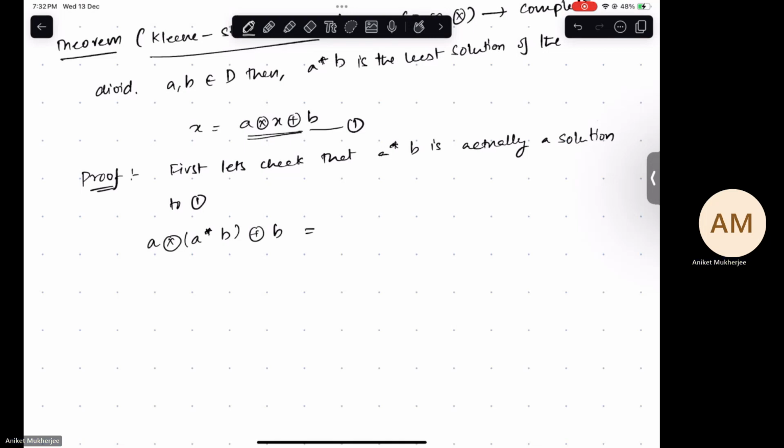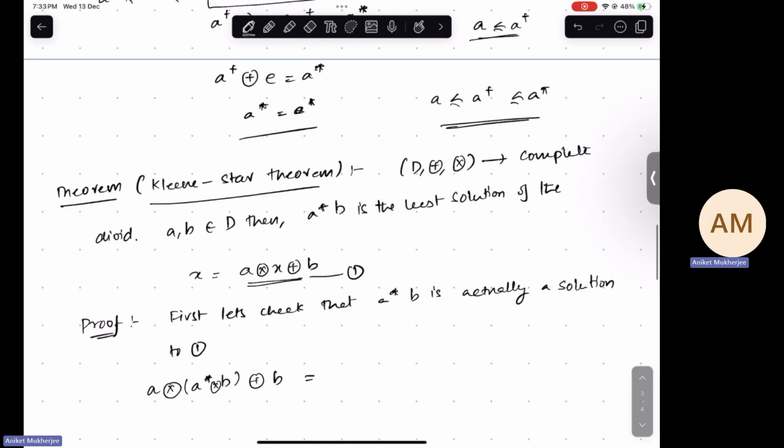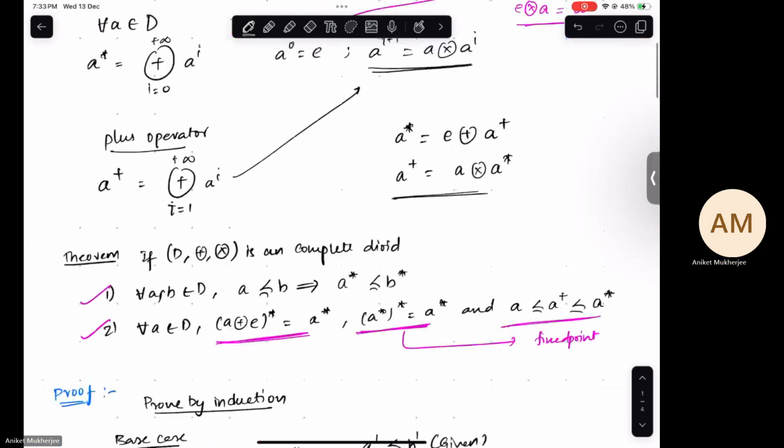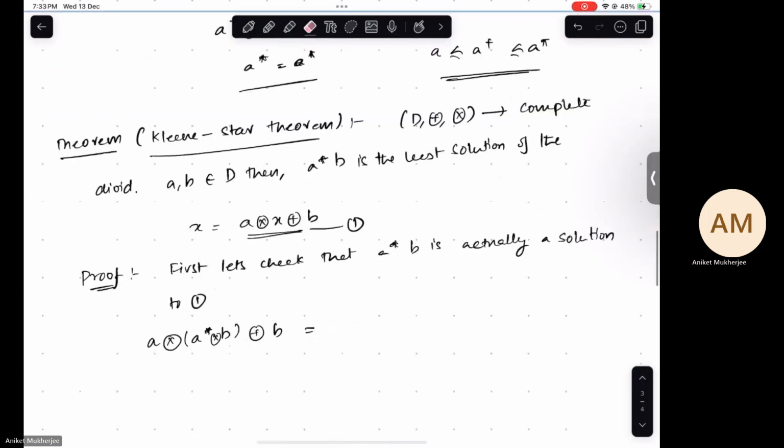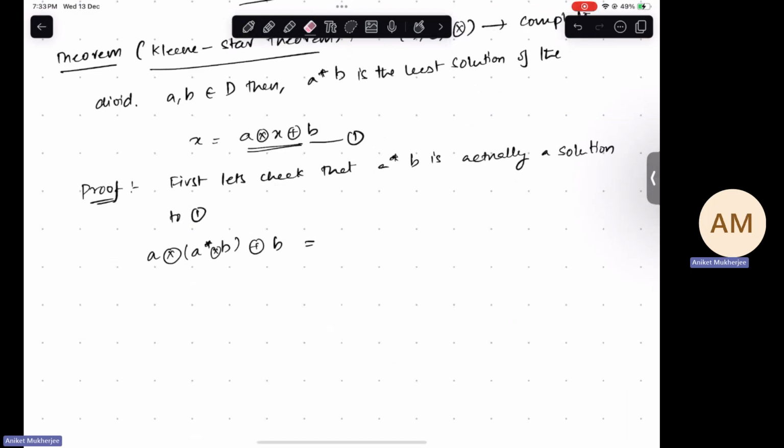This is equal to A into A star gives you A plus. That was the relation between A plus and A star. So here you'll use associativity and change the bracket from A into A star into B plus B. So this will be A plus into B plus B. And here you'll use idempotent property.